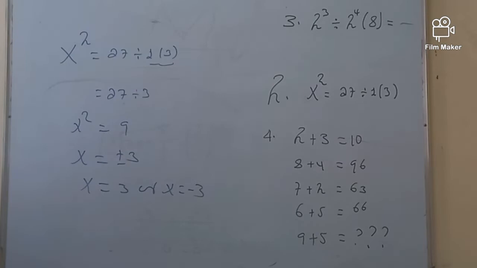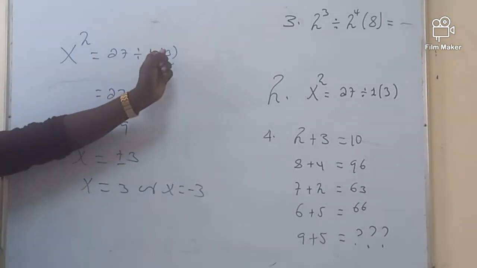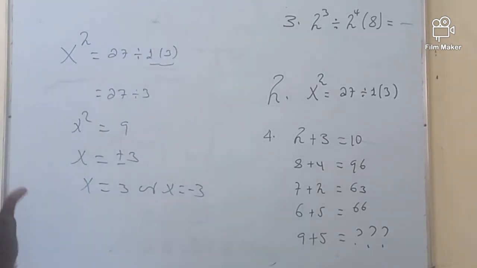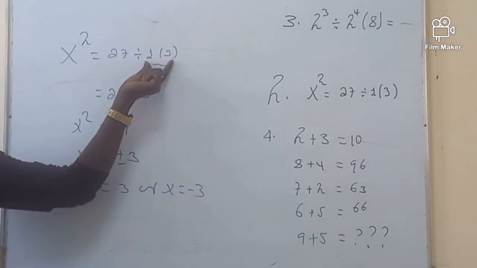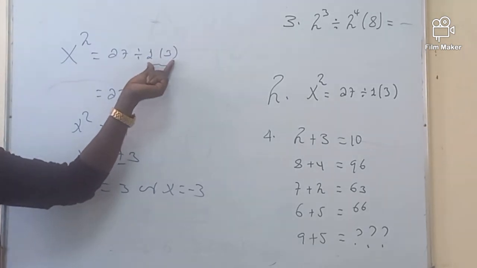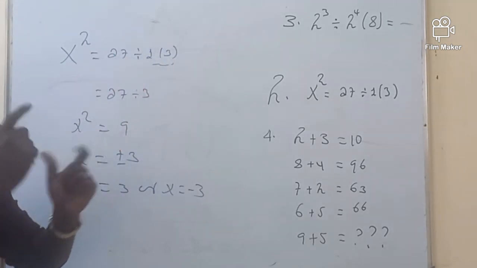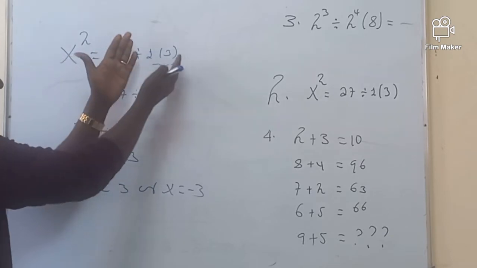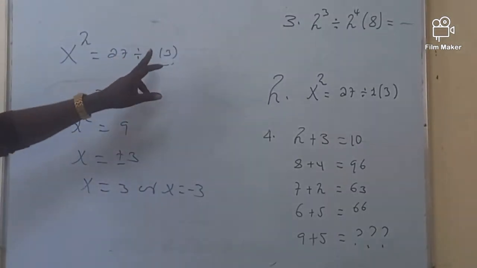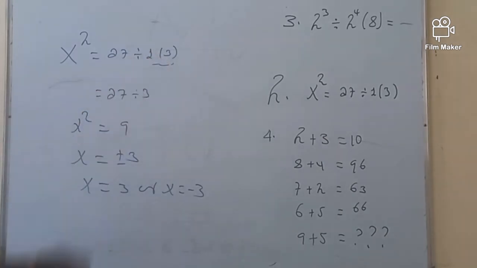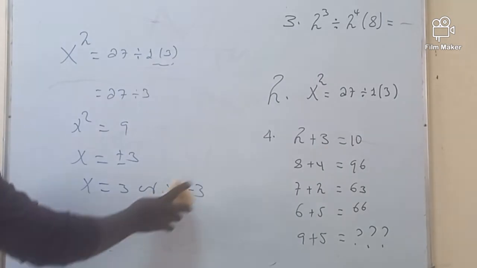Whenever you want to solve this problem, don't just do it first of all. You always have to do the indices or exponents first, and if there is no symbol of a mathematical operation, you have to operate on that first. And now this is the value for the second problem.